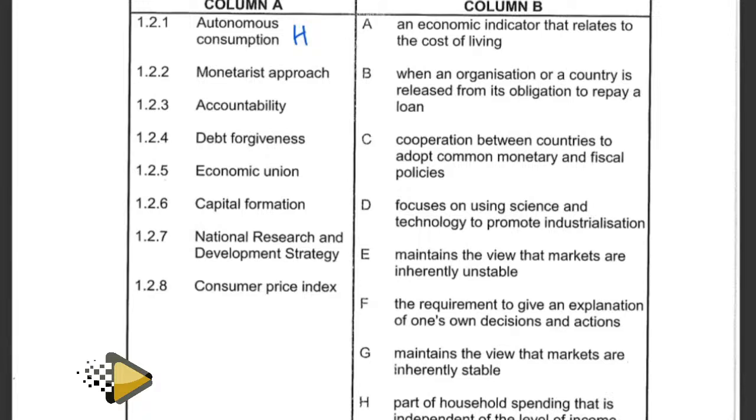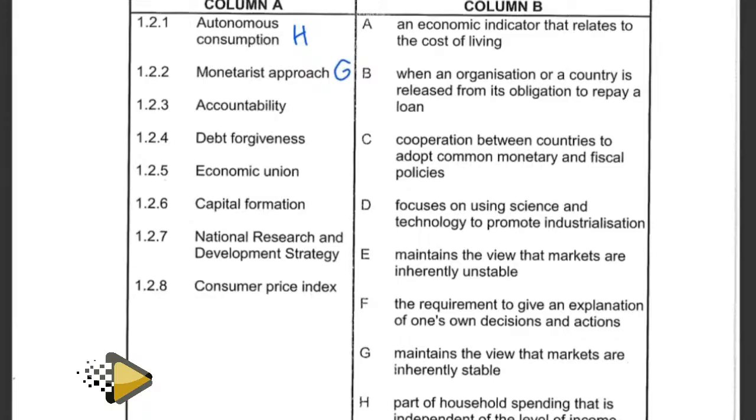If we check the options given in column B, the appropriate answer is G, which says maintains the view that markets are inherently stable. Okay, grade 12, let's move on to the next question.